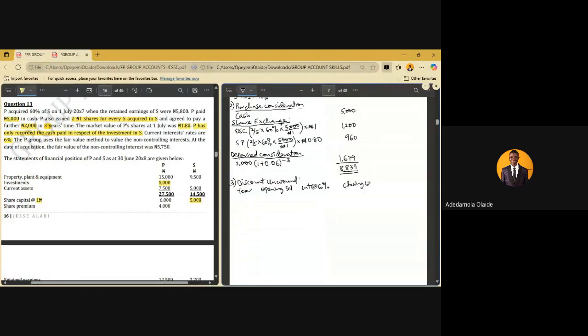For year 1, the opening balance is 1,679. 6% on 1,679 is 100.74, just 101, because we don't want to use decimals; you can use decimals though. So the closing balance will be 1,780.